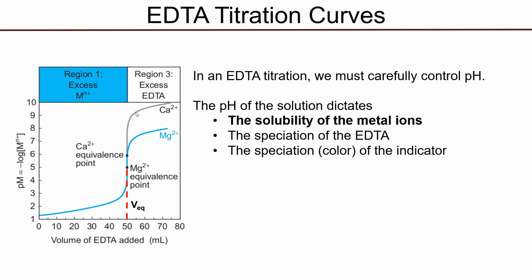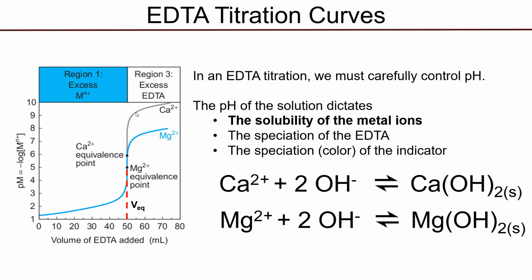So for instance, if we're trying to run an EDTA titration and we're looking for calcium and magnesium, we have to be aware at high pHs, calcium will complex with hydroxide ligands to form a calcium hydroxide precipitate and be removed from solution, whether we have EDTA there or not.